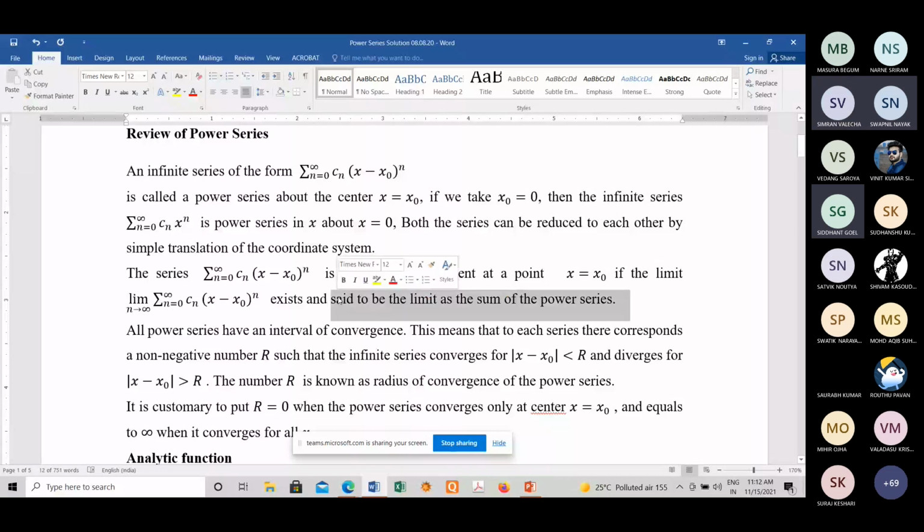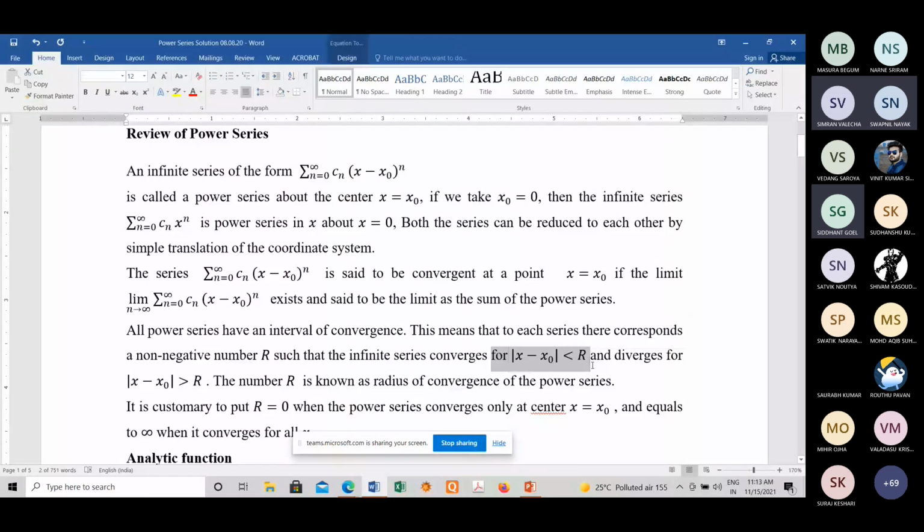Now, all power series have an interval of convergence in which our series will converge. This means that to each series there corresponds a non-negative real number r such that the infinite series will converge in that interval, that is, mod of x minus x naught less than r.